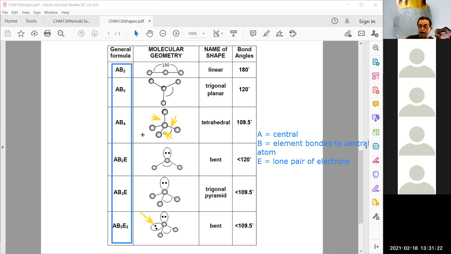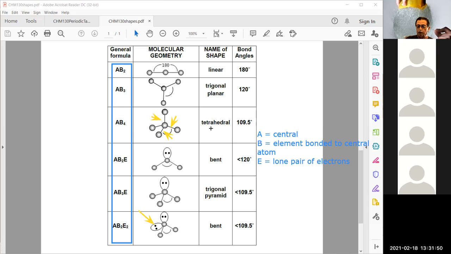Remember, the electrons have negative charge, and they want to repel from each other as much as possible. So when we have 4 bonds around a central atom, those electrons are going to want to split far away from each other, given their geometry. And that is what happens.